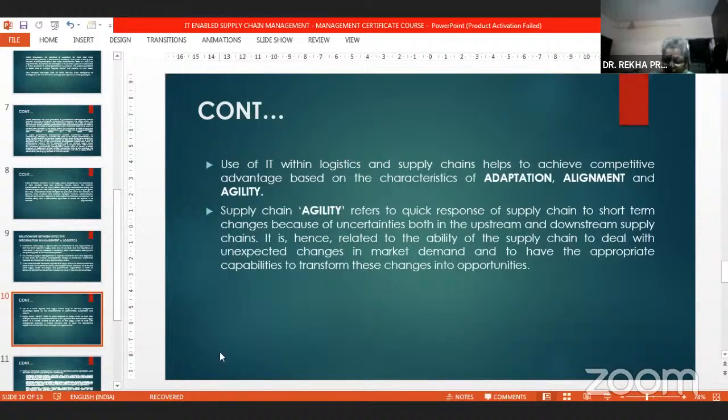So adaptation, alignment, and agility, these three A's are making information technology an inherent part of any system. Today we cannot think of life without information technology. So naturally, in the same way, it is improving our whole supply chain.